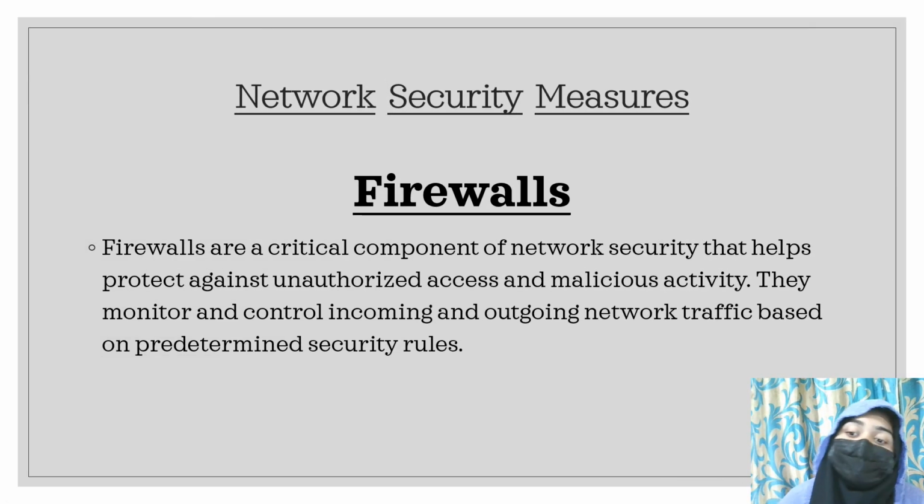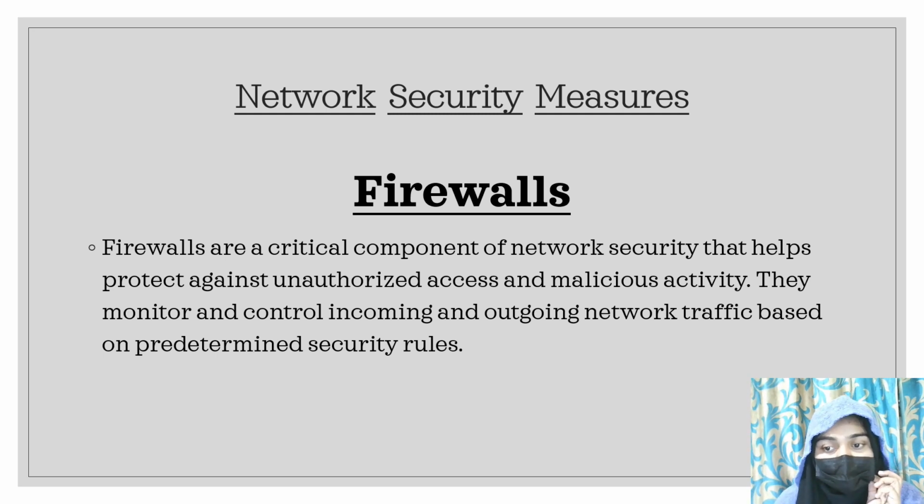So here we see network security measures. Firewalls are a critical component of network security that helps protect against unauthorized access and malicious activity. They monitor and control incoming and outgoing network traffic based on predetermined security rules.